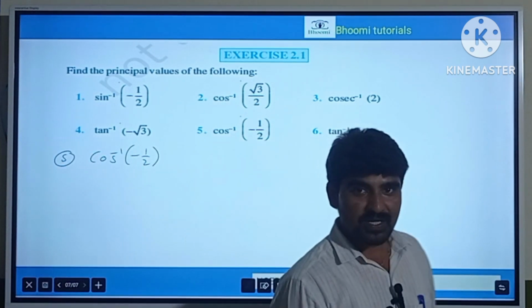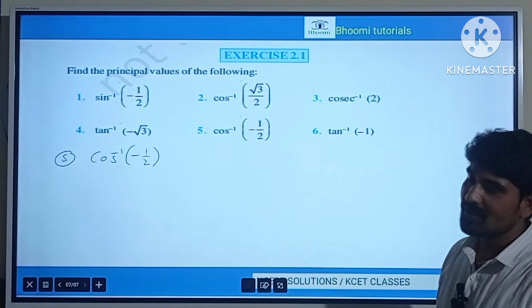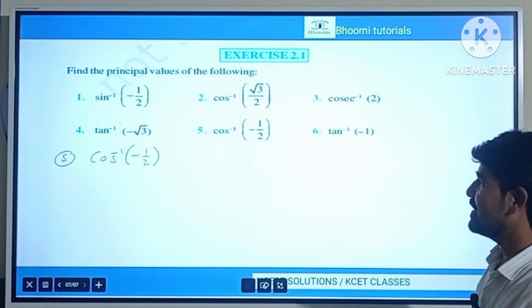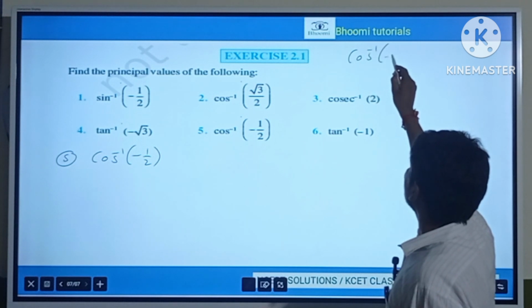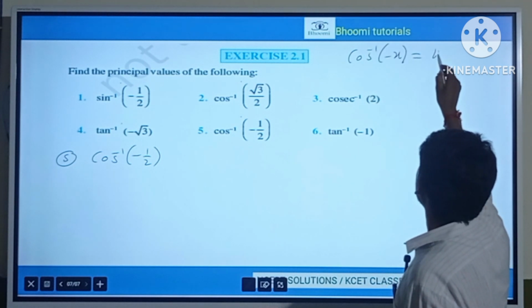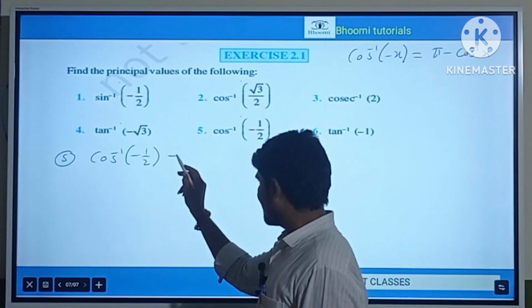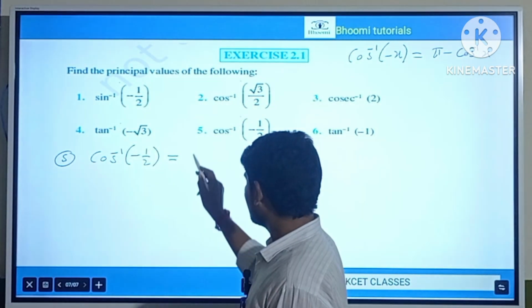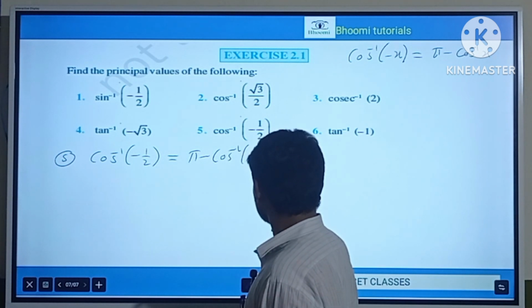To identify the principal value of cos inverse minus 1 by 2, again we know one of the properties of inverse trigonometric functions: cos inverse of minus x is equal to pi minus cos inverse x. Therefore, cos inverse of minus 1 by 2 is equal to pi minus cos inverse of 1 by 2.